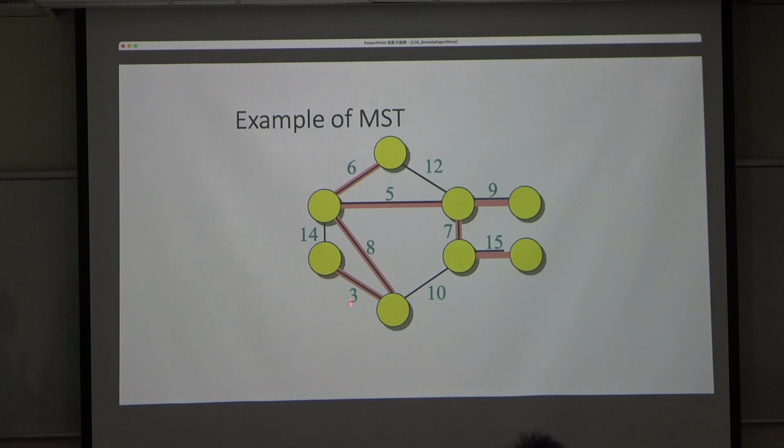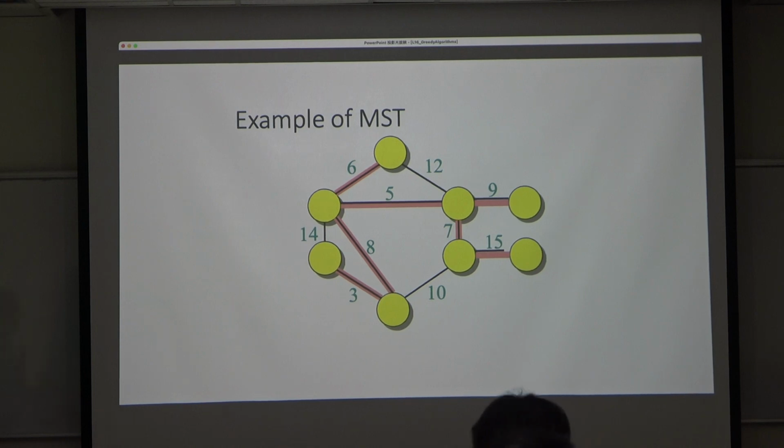You can see that we have 8 vertices, so the number of edges will be 7: 1, 2, 3, 4, 5, 6, 7. So the number of edges is the number of vertices minus 1.